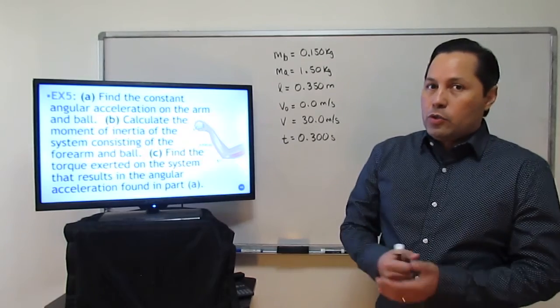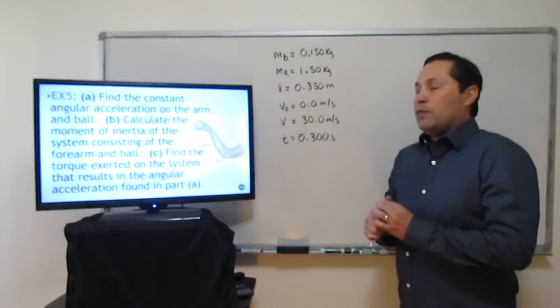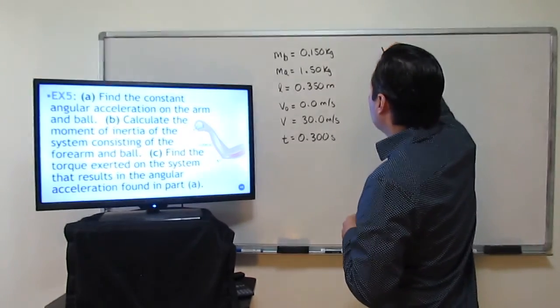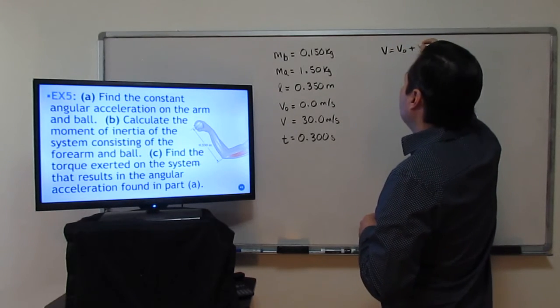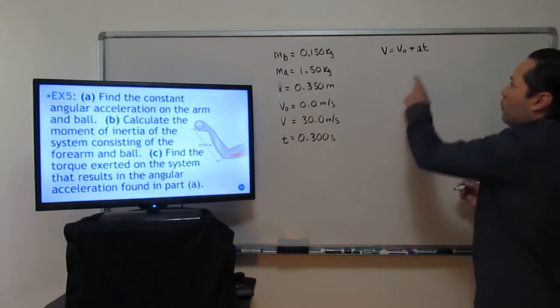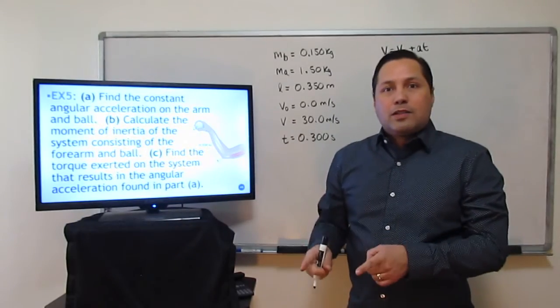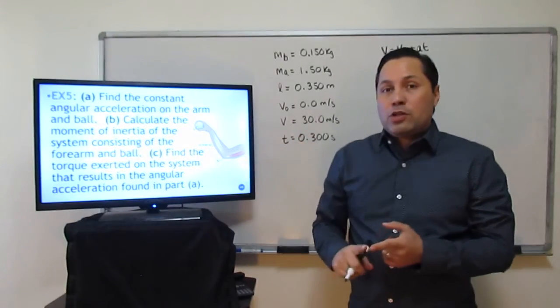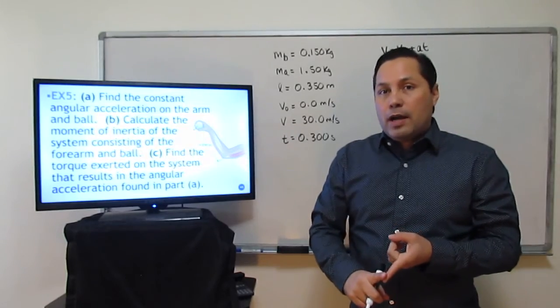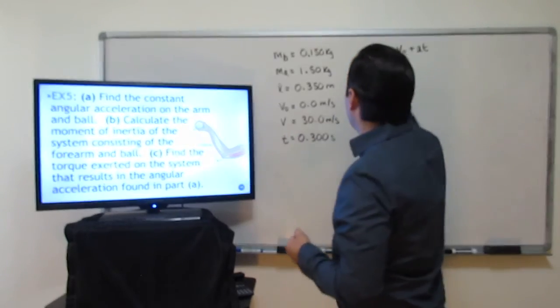To do that, we begin with the velocity of the ball. The velocity is equal to initial velocity plus acceleration times time. To relate acceleration to angular acceleration, tangential acceleration is equal to the radius times the angular acceleration. So we modify this a little.